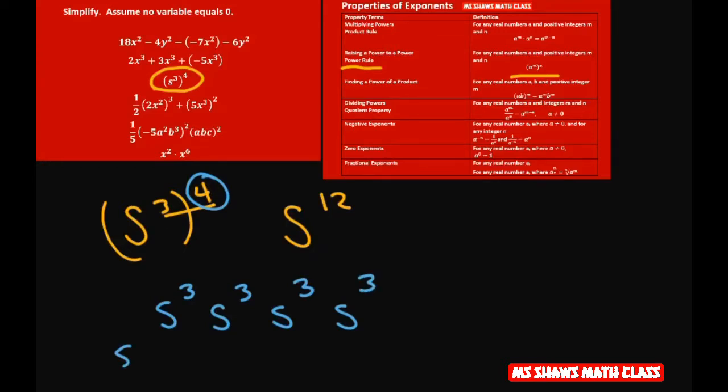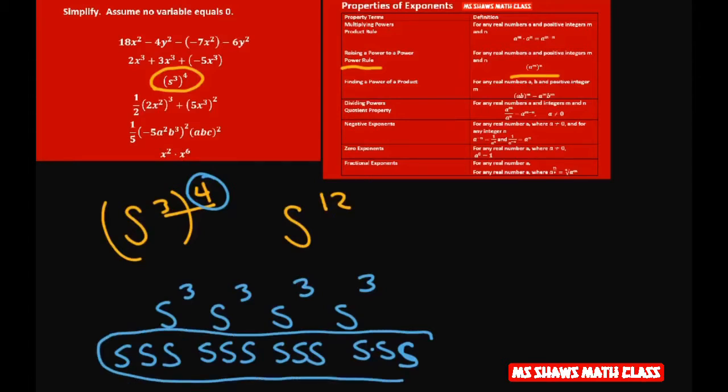So we have, and these are all multiplying, 3 s's there, 3 s's there, 3 s's there, 3 s's there, and it's all multiplying. I'm not going to put the dots in between everything, but there's a total of 12.